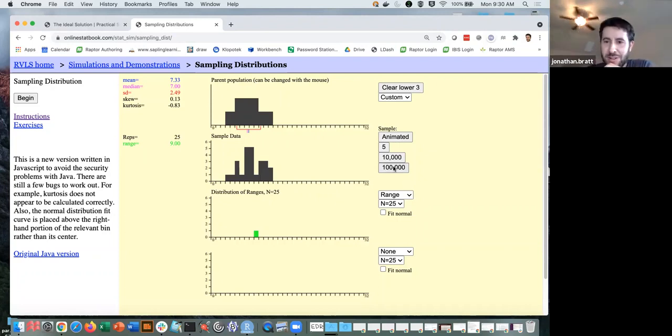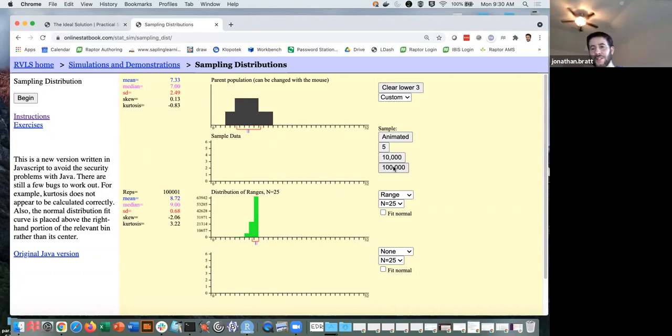But let me do samples 100,000 times and you see what happens. Because I picked this compact population and sampled it a lot, most of my samples have the full range of the population, but some don't because I got unlucky and I missed an edge. But you'll see here the mean of this distribution is always going to be less than the true range of the population.